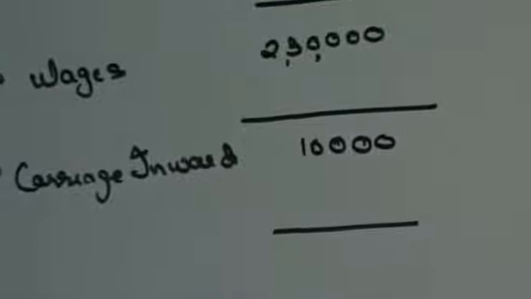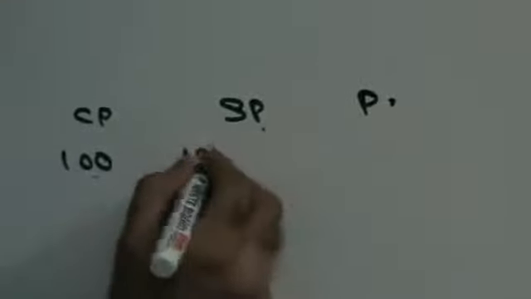Average percentage of gross profit to cost is 33 1/3%. Working note B: cost price, selling price, profit. 33 1/3% of cost. So assume cost price is 100, selling price is 133.33, profit is 33.33.